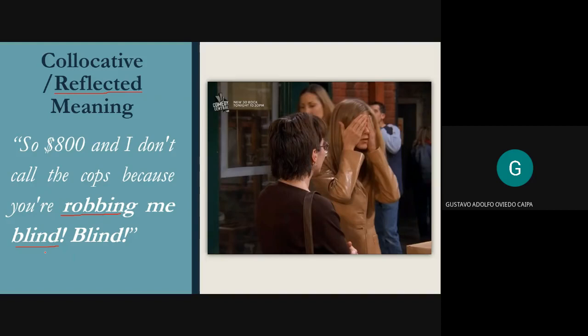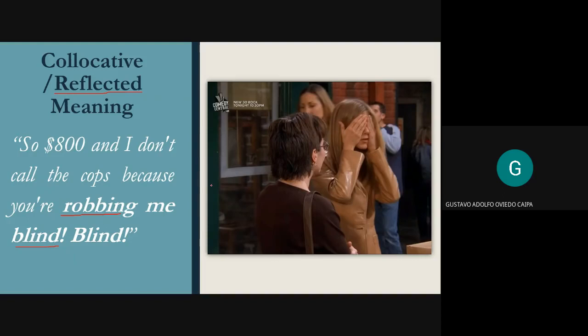But you see that the meaning of the eyes, the meaning of not being able to see, is so strong that it interferes. And that's why she's covering her eyes. You see? She covers her eyes like, oh, you're robbing me blind. But remember, the expression has nothing to do with the eyes. It has nothing to do with eyesight. And well, that serves as the basis for a joke.